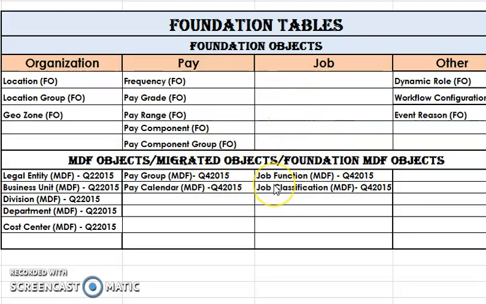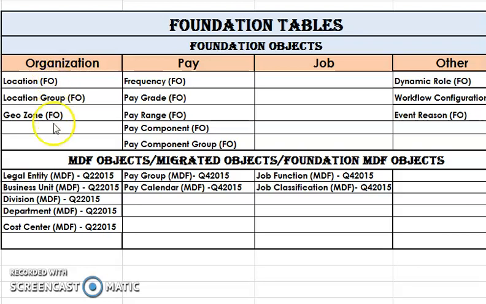The configuration is done in the corporate data model and the country specific data model for foundation data. Here you can see this FO, which stands for foundation objects.